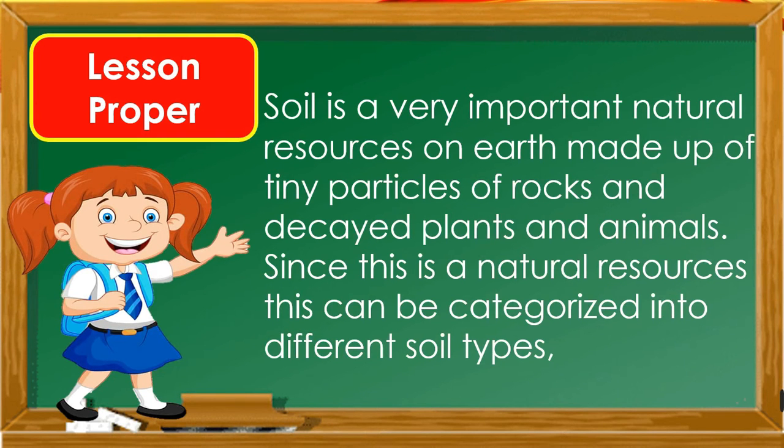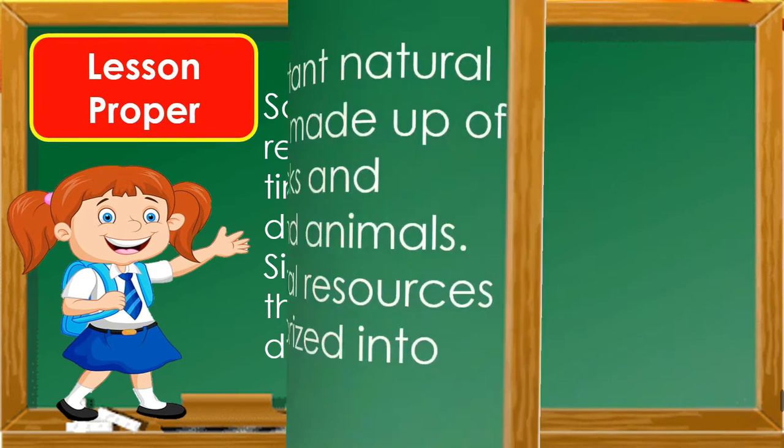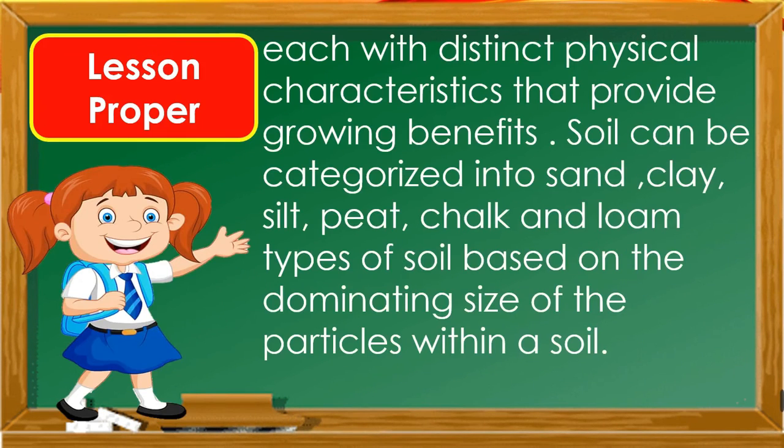Soil is a very important natural resource on earth, made up of tiny particles of rocks and decayed plants and animals. Since this is a natural resource, this can be categorized into different soil types, each with distinct physical characteristics that provide growing benefits.